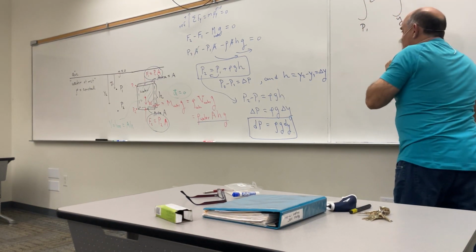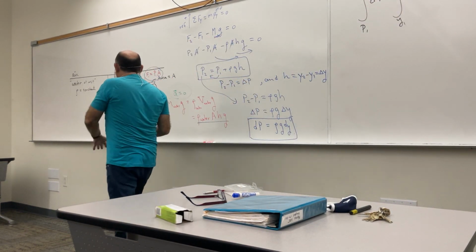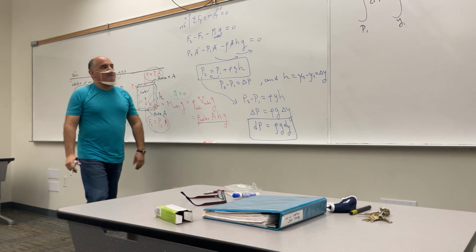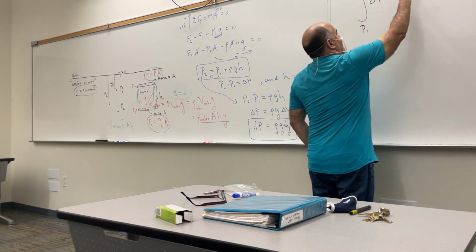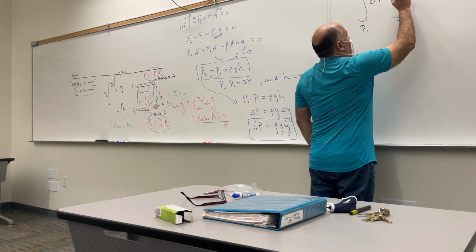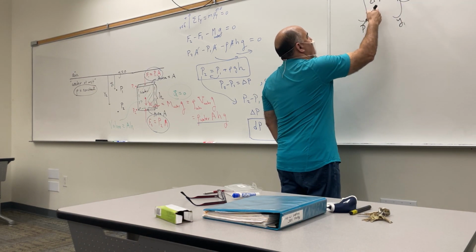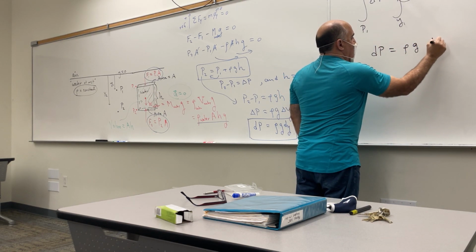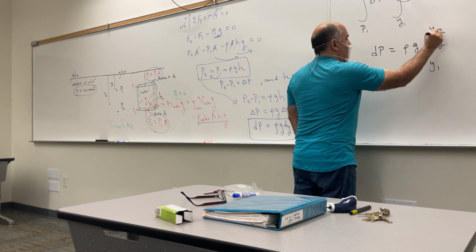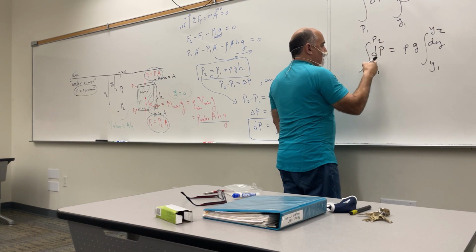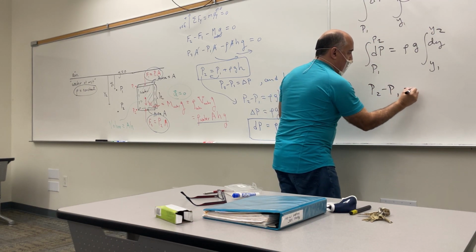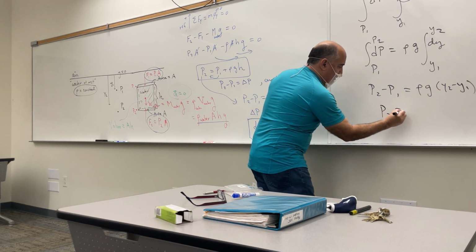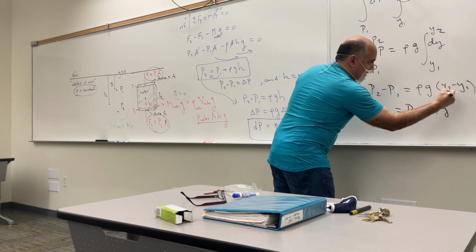But because this is a liquid, and I consider the density of the liquid as uniform, the same throughout, then I can take this outside, and G, well, 9.8 meters per second squared is also a constant, so this becomes dP equals rho G dy, and this becomes P2 minus P1 equals rho G (y2 minus y1), and this is just P2 if I bring the P1 over to the other side, and then this is just H, right?